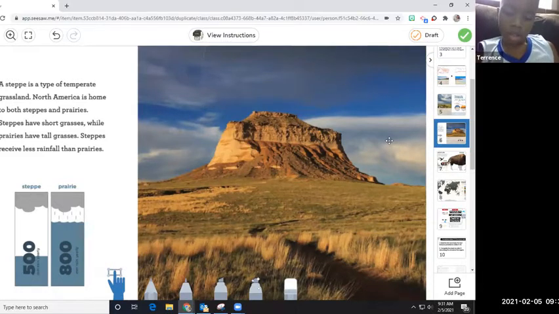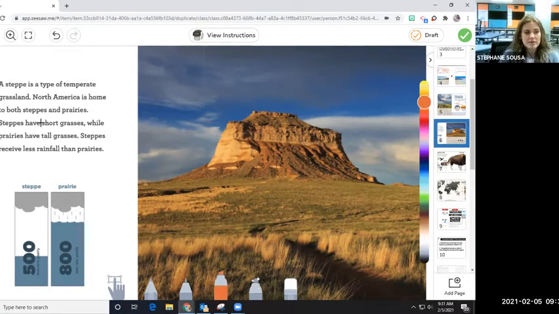North America is home to both steppes and prairies. Steppes have short grasses, while prairies have tall grasses. Steppes receive less rainfall than prairies. There's information about our precipitation and our vegetation.